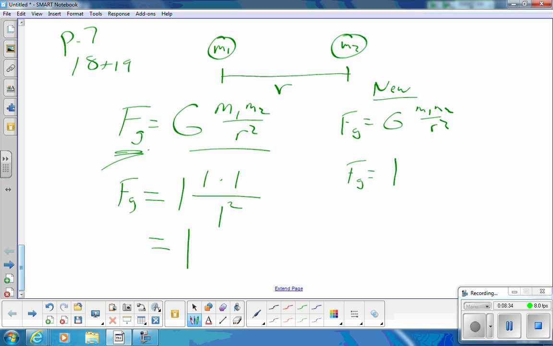One of these masses was doubled, so for M1 I'll put in 2. For M2 I'll put in 1 because they only changed one of the masses. The distance is tripled, so I'll put a 3 in the bottom, and that gets squared because r gets squared. So my new force is 1 times 2 times 1 is 2, over 3 squared is 9. My new force is 2/9 compared to the old one. That's why the answer is choice A, 2/9.